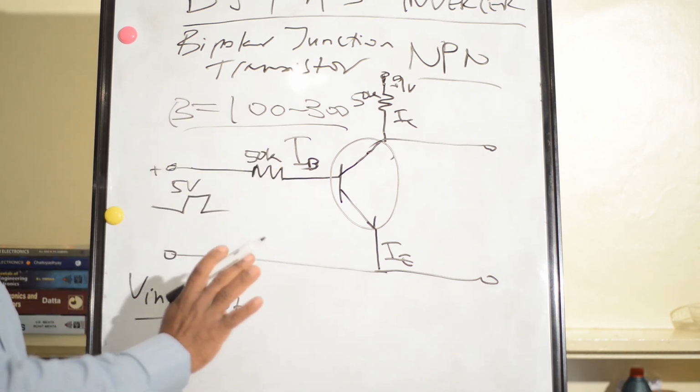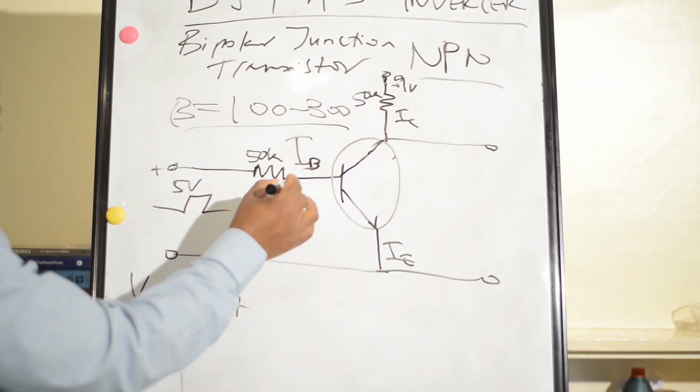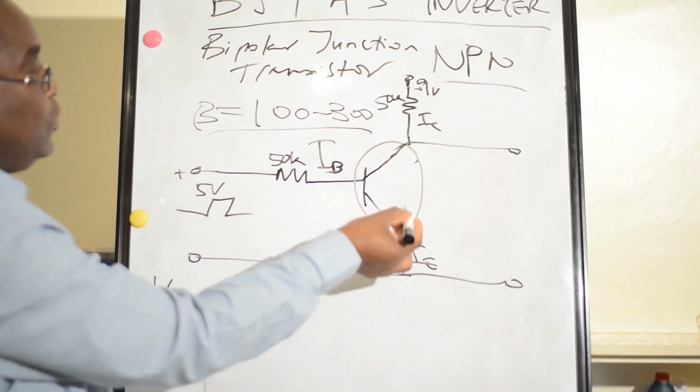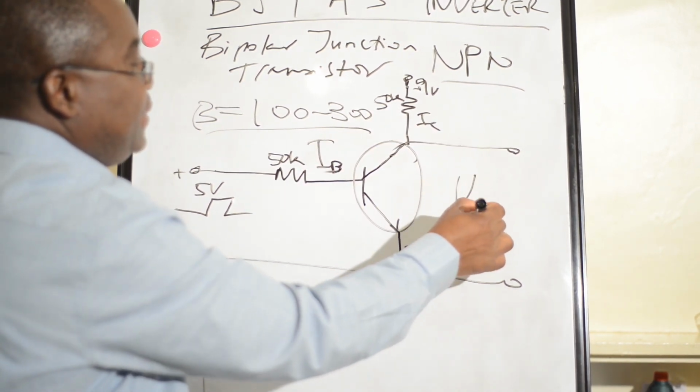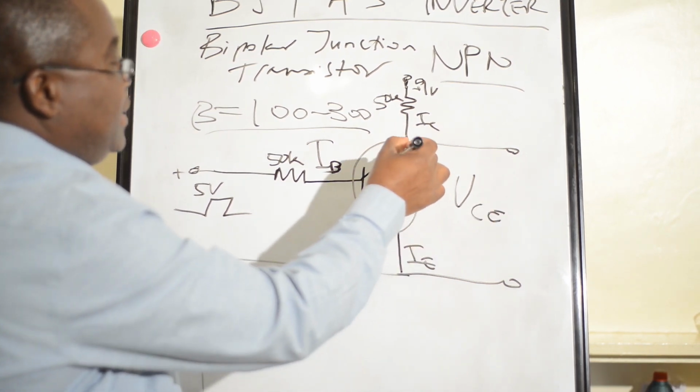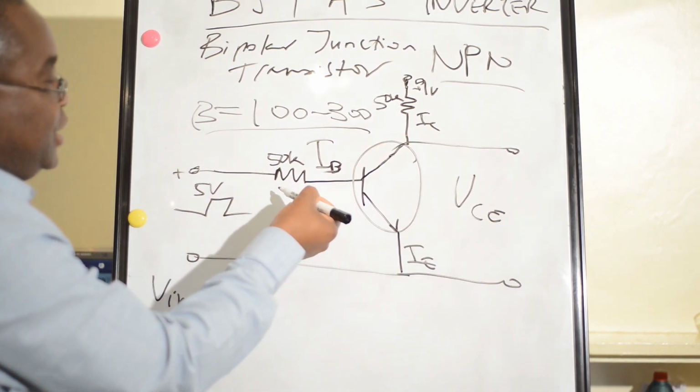In a normal situation, we just want a very small current to make the conduction between the VCE. We just need a very small current. That's why we put a large resistor.